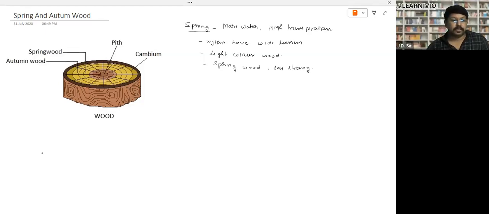Then what is the autumn wood? They require less water due to less transpiration.